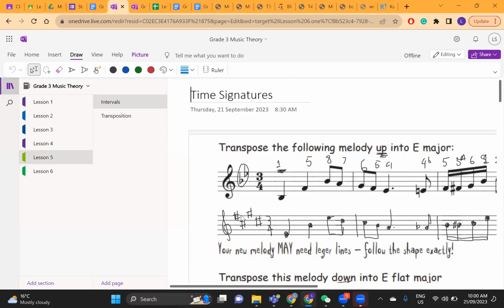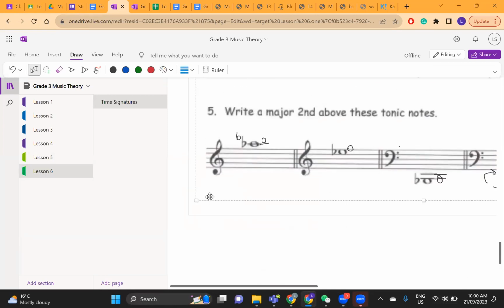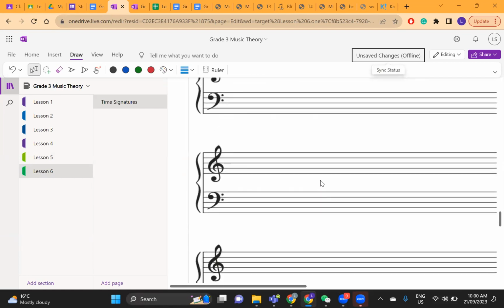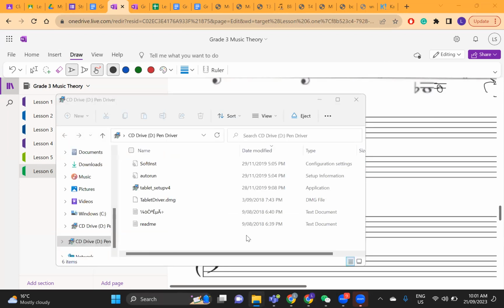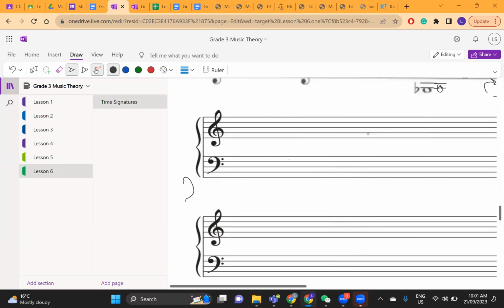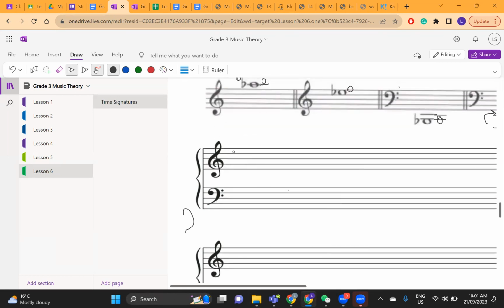I need to quickly go over some time signatures. So in grade 3, you need to know 2/4, 3/4, 4/4, and 6/8.